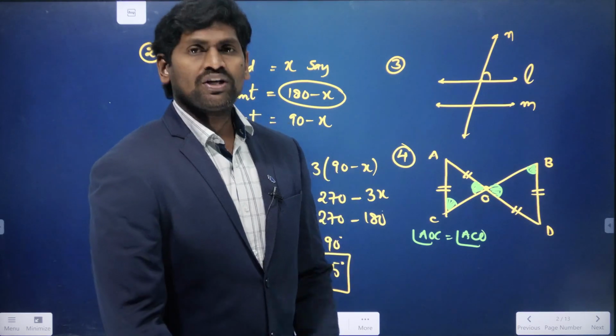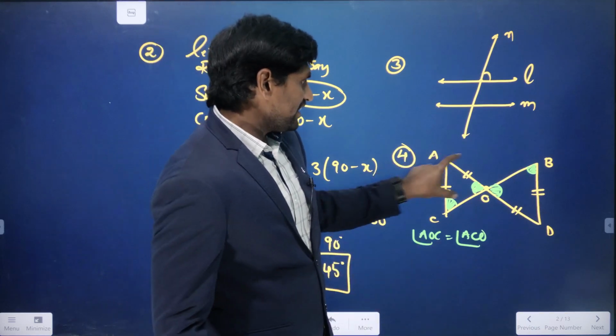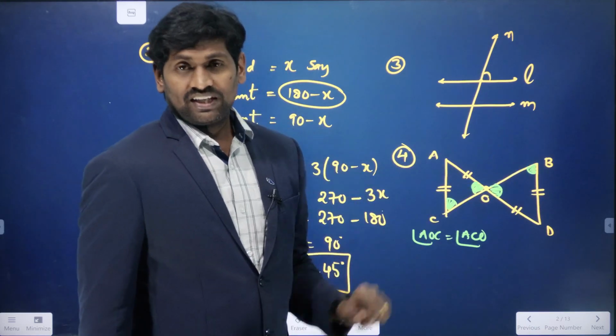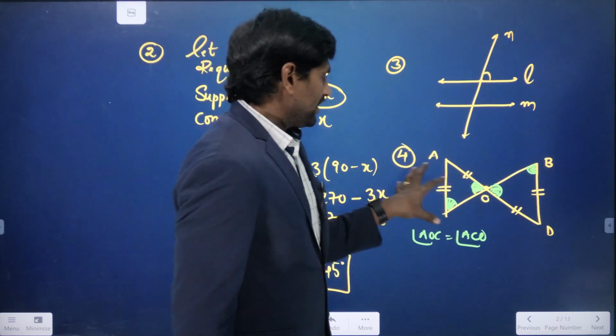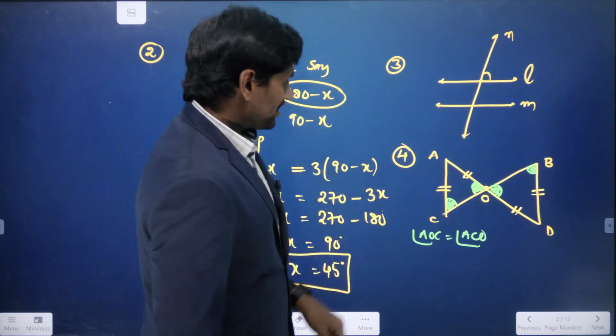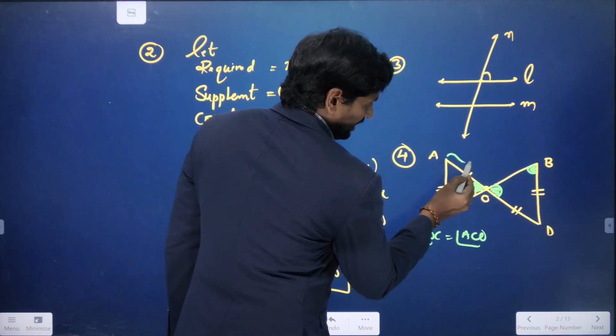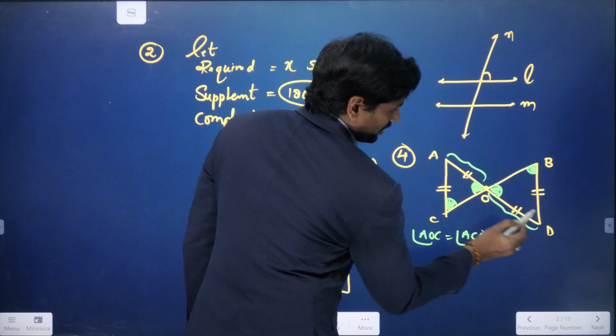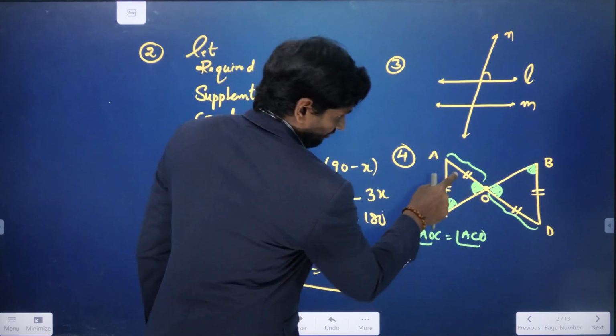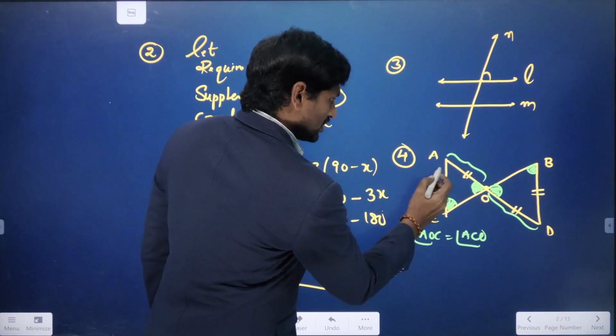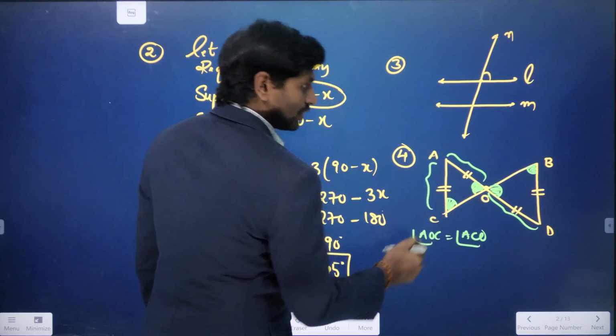Next, AC is not equal to BD. Can we say that? From the figure we cannot say that, because the two line segment markings indicate AO equals OD, both are equal distances. In the same way, AO and OC are also represented with the same marking.